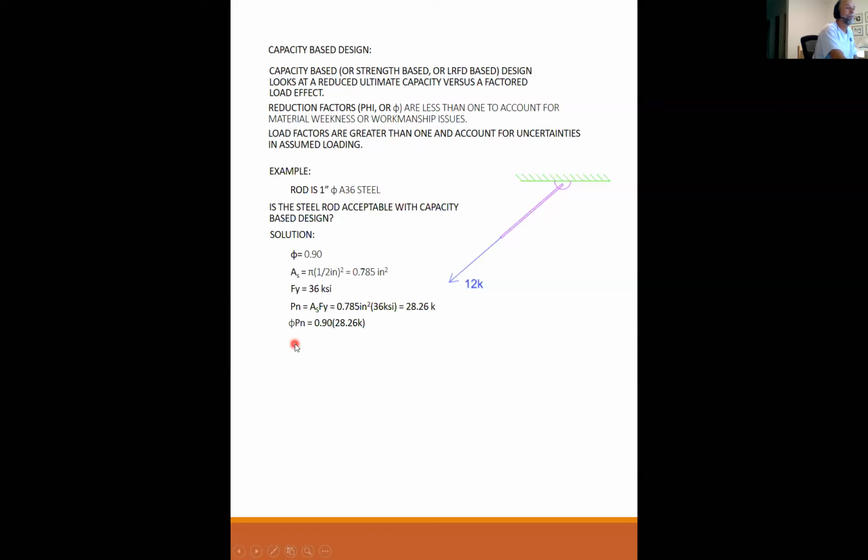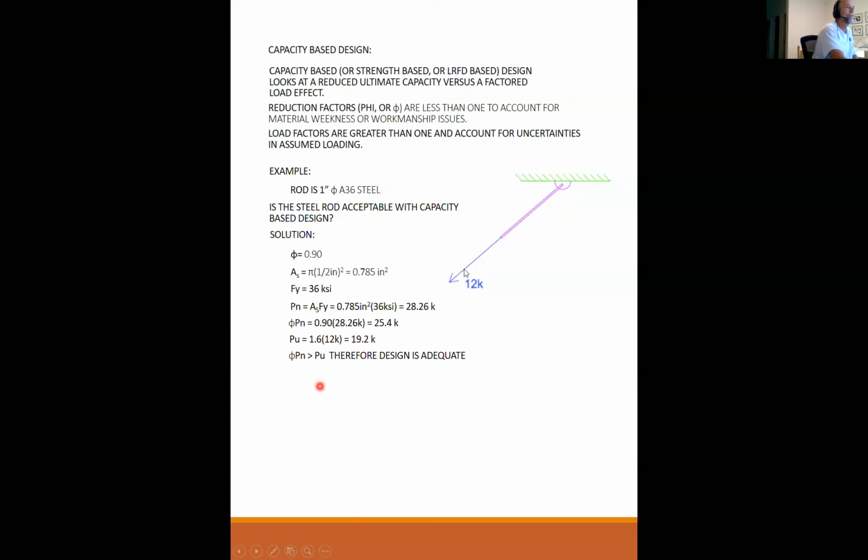Then my allowable capacity is phi times that, 0.9 times 28.26, 25.4 kips. And my load on this gets factored up, 1.6 times 12 is 19.2. And my phi P sub n, my allowable capacity, 25.4, is greater than 19.2. Therefore, my design is adequate.